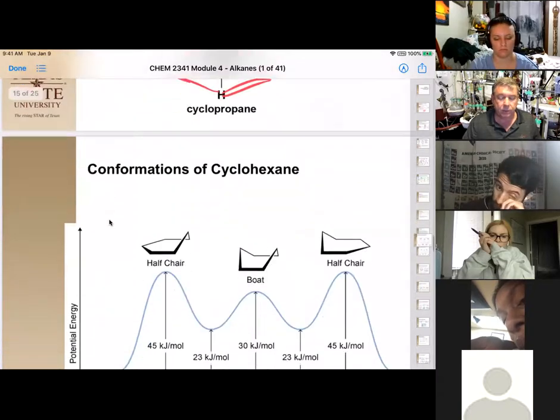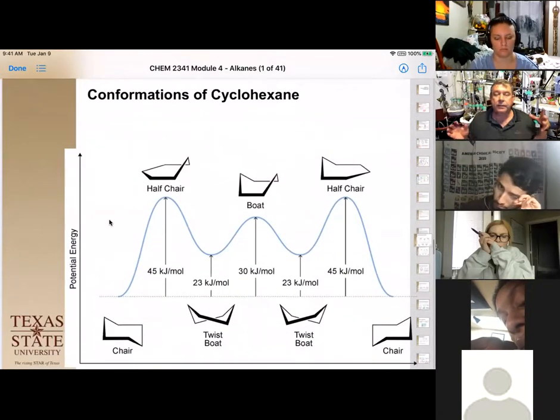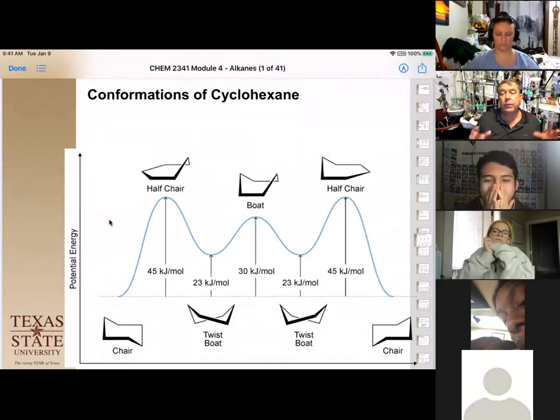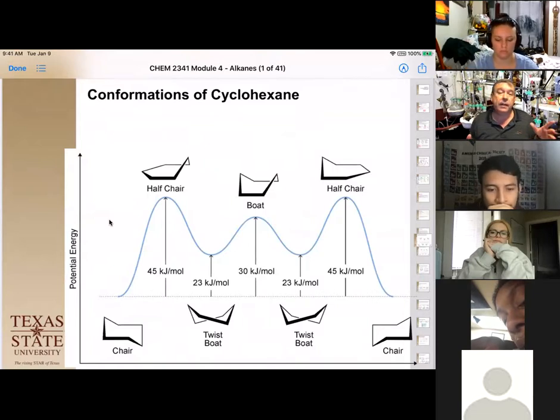All right, so why is cyclohexane so stable? In cyclohexane, we can configure it such that all of the carbons are pretty much in a gauche or anti form, and all of the hydrogens are able to get into that staggered configuration.